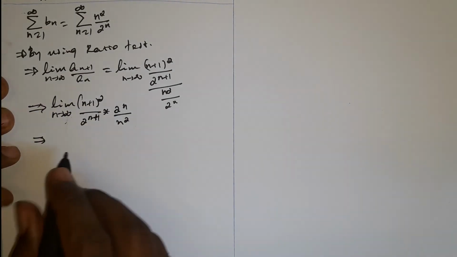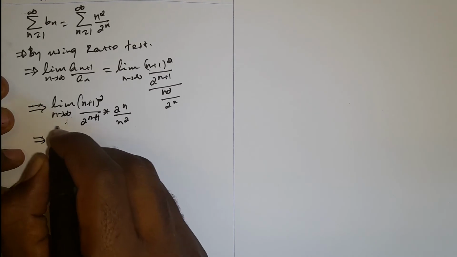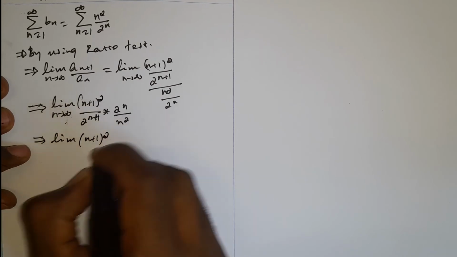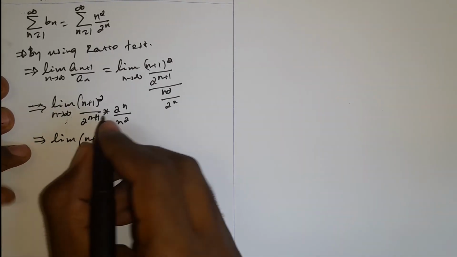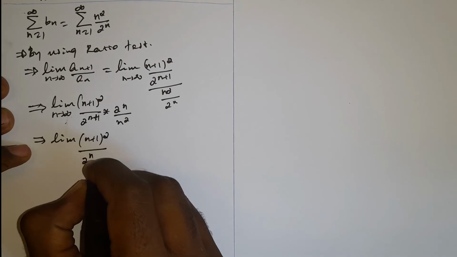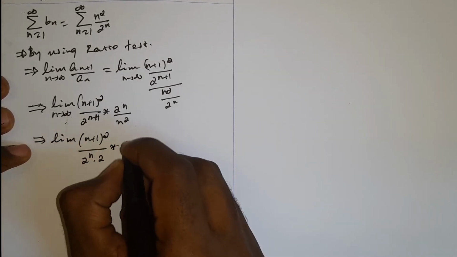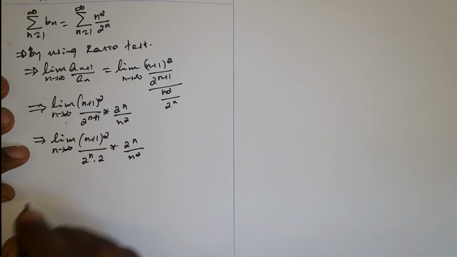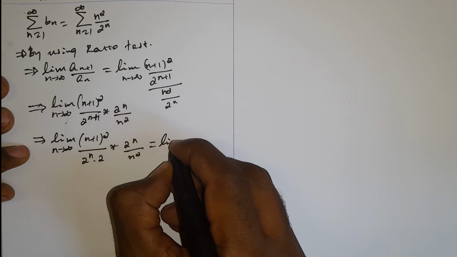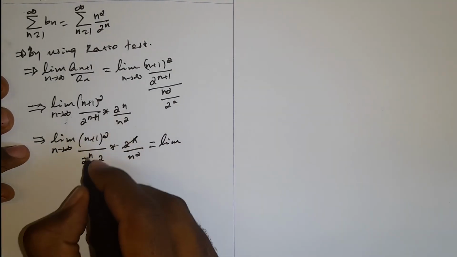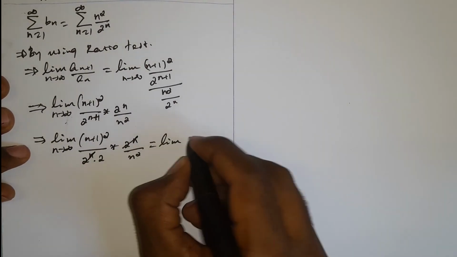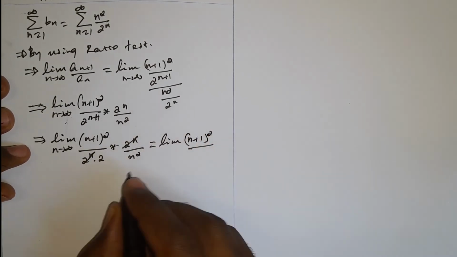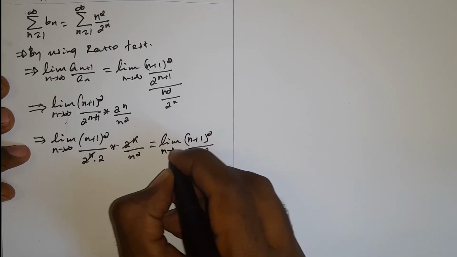This implies the limit of (n plus 1) square over 2 power of n plus 1, that is 2 power of n times 2, times 2 power of n over n square, as n goes to infinity. Here 2 power of n is cancelled by 2 power of n, so the limit of (n plus 1) square over 2 times n square as n approaches infinity.